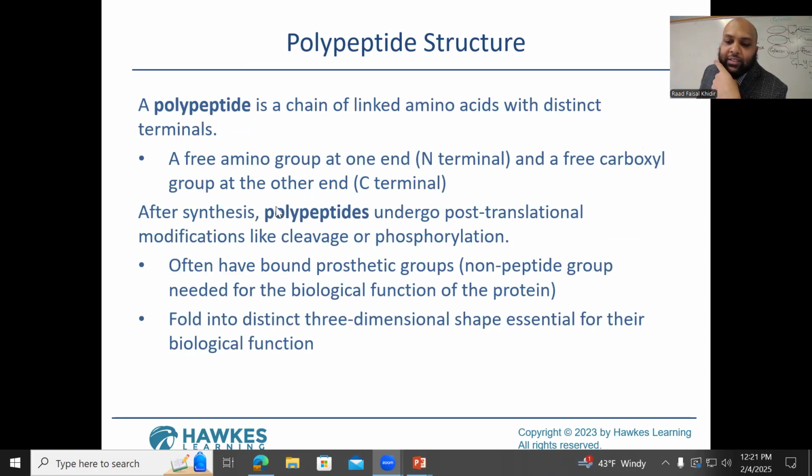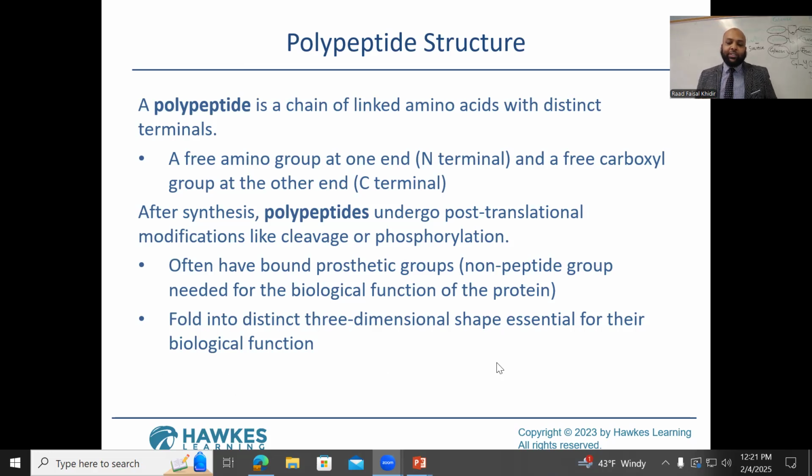After the synthesis, polypeptides undergo post-translational modification like cleavage or phosphorylation. So often they have bound prosthetic groups. These are non-peptide groups needed for biological function of the protein.